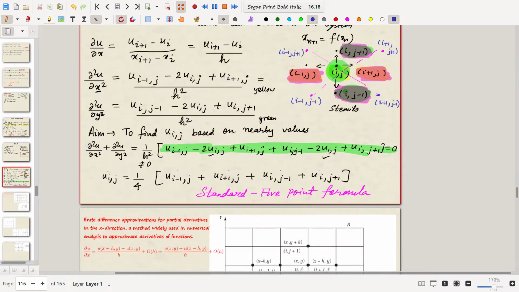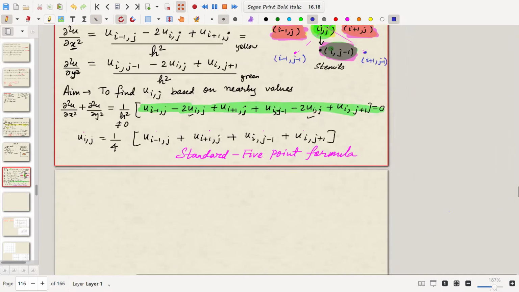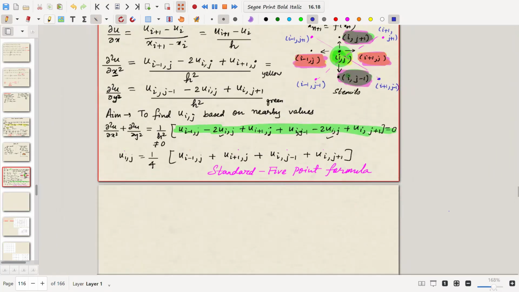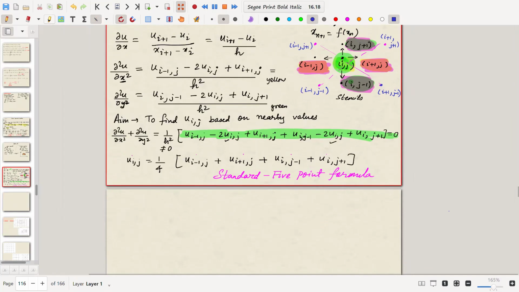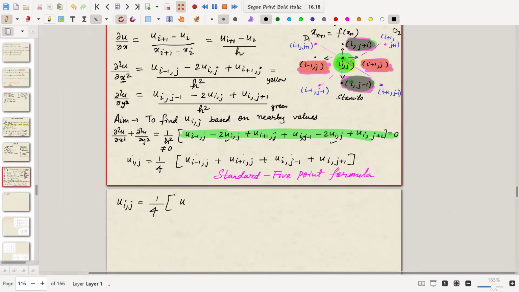Now you can write a similar formula based on this. So based on the blue points, how can you write? Uij equals 1 by 4th of u, take these points, d1, d2, d3, d4. Can you tell me those points?